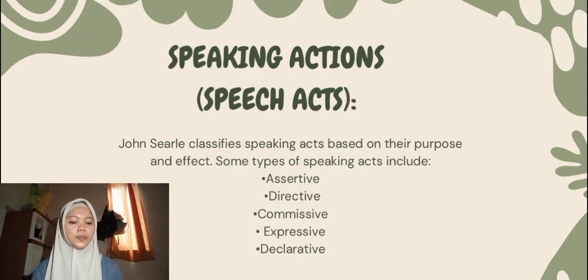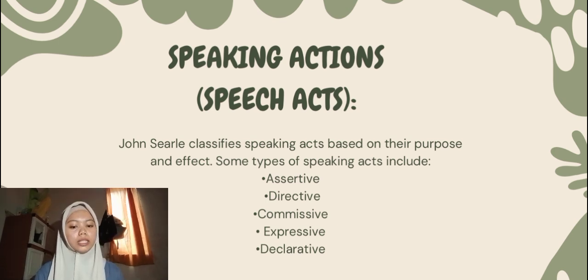Next slide, speech acts. John Searle classifies speech acts based on their purpose and effect. Some types of speech acts include assertive, directive, commissive, expressive, and declarative. Assertive, stating something. For example, it's raining today.